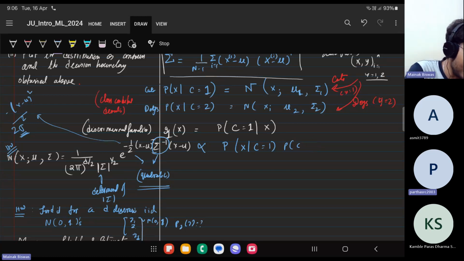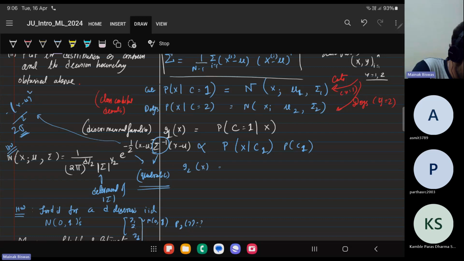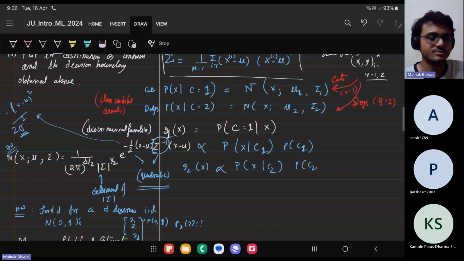For the sake of simplicity, I'll not write equal to, it's too much notation. Similarly, g2 of x will be proportional to probability of x given c2 into probability of c2.